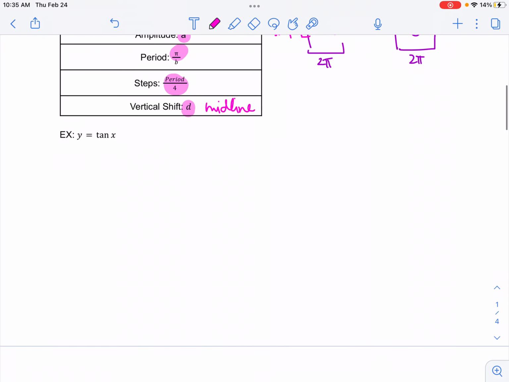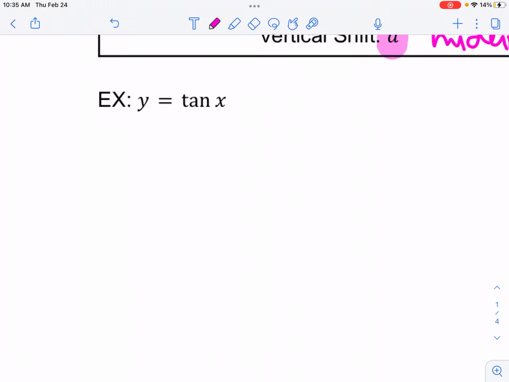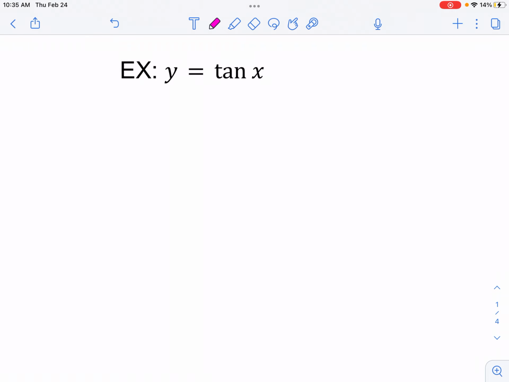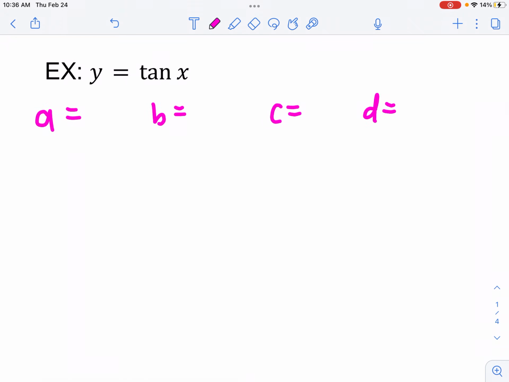We're going to graph the standard form of tangent again, but just looking at finding its key parts. We've got this example, y equals tangent x. We're going to work on finding A, B, C, and D, just as a refresher. Remember, A is whatever's in front. If there's nothing in front, then A is 1.